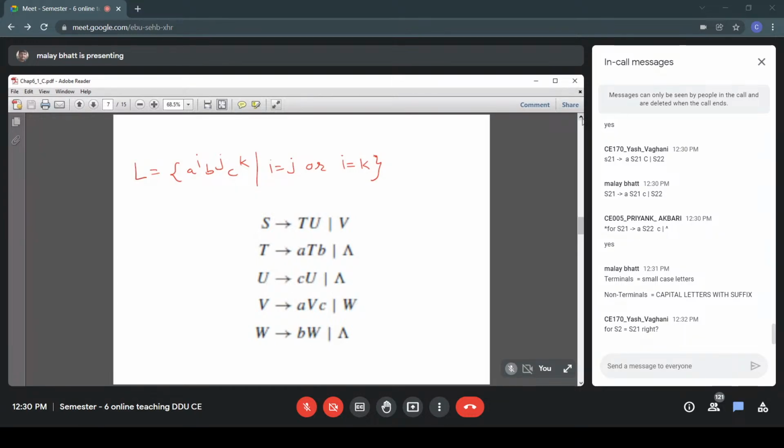You can just map this theory with this line: U gives small c capital U or null. Or you can map it with W gives small b capital W or null.